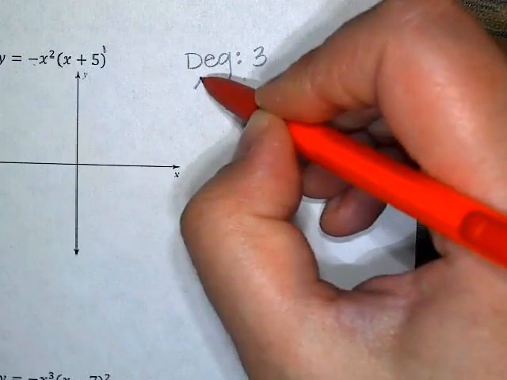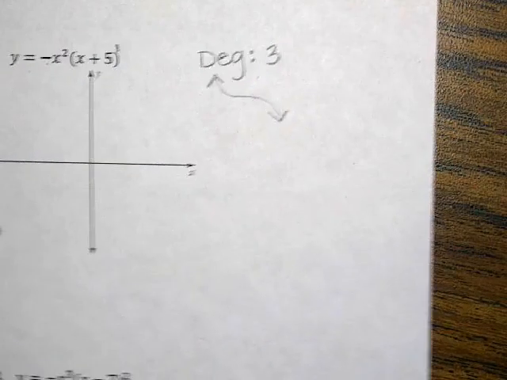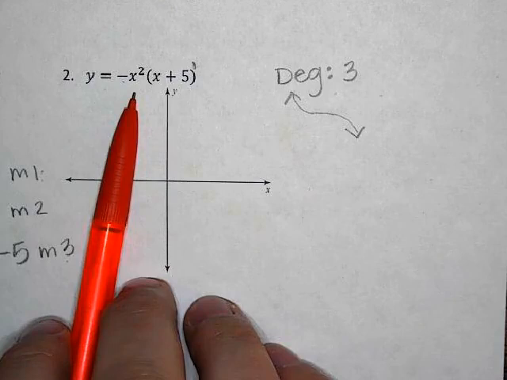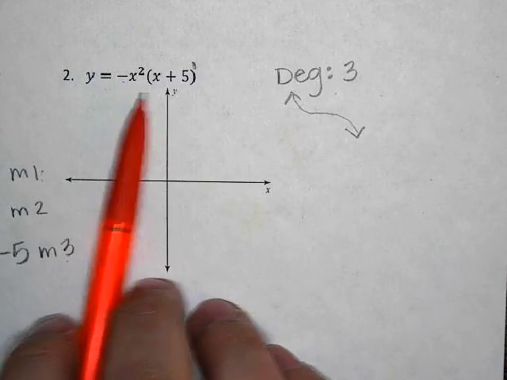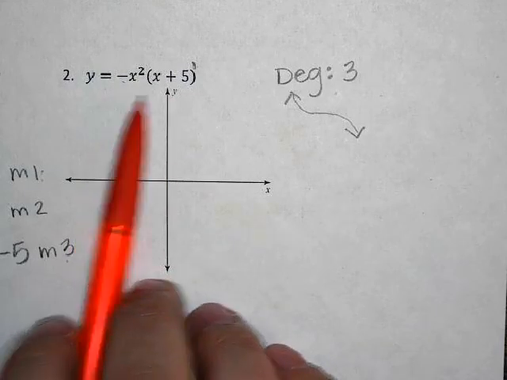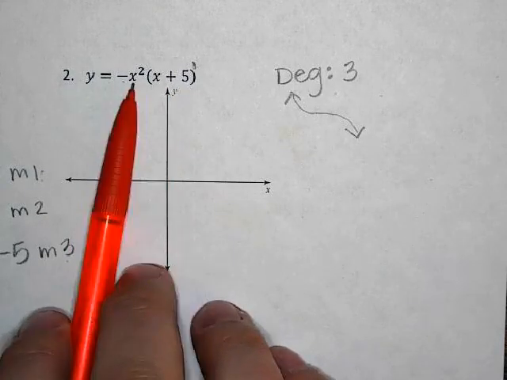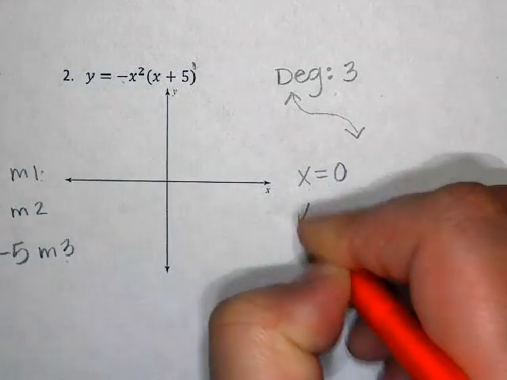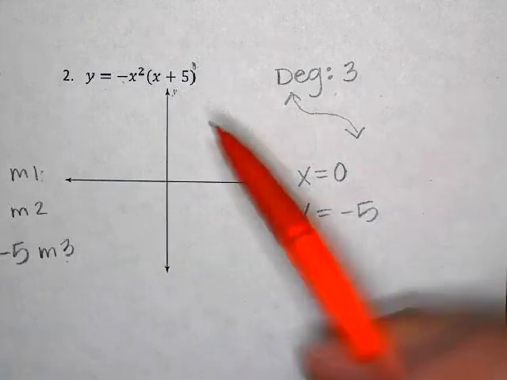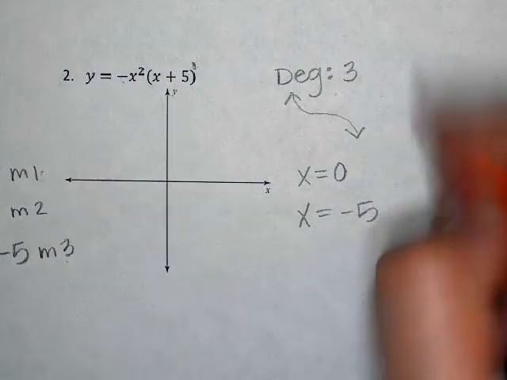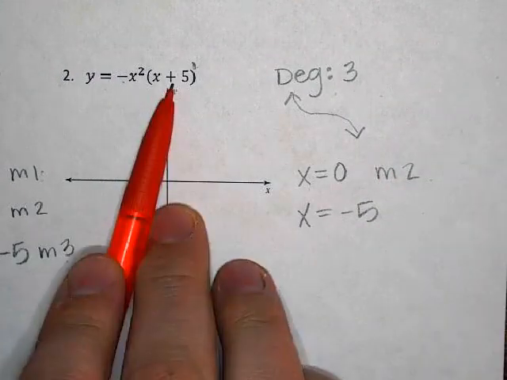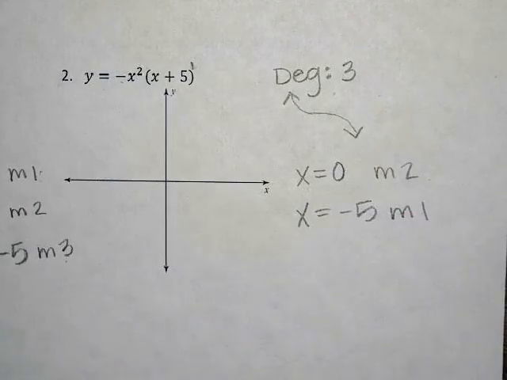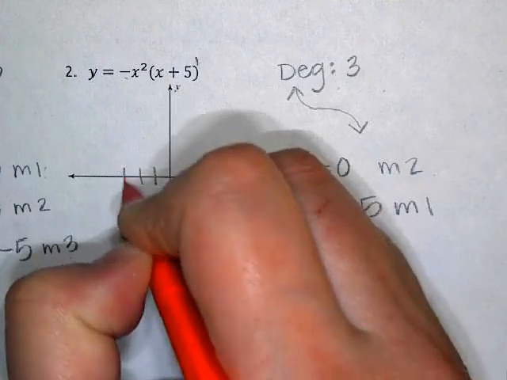What x-intercepts do I have? I have 2 of them. 0 and -5. 0 has a multiplicity of 2. -5 has a multiplicity of 1. Okay, so I'm going to count 1, 2, 3, 4, 5.